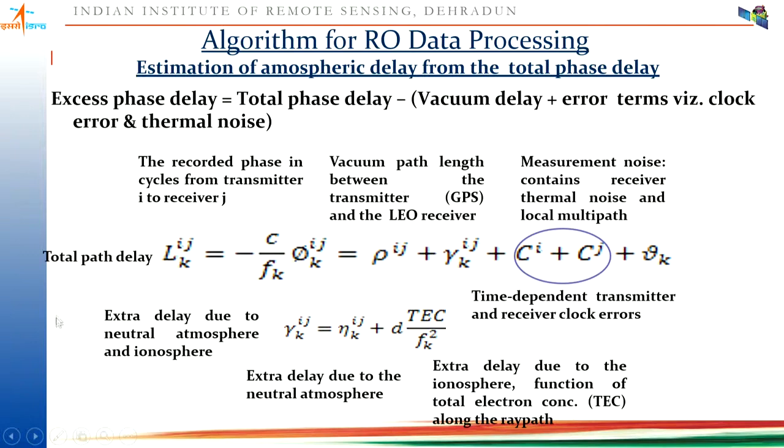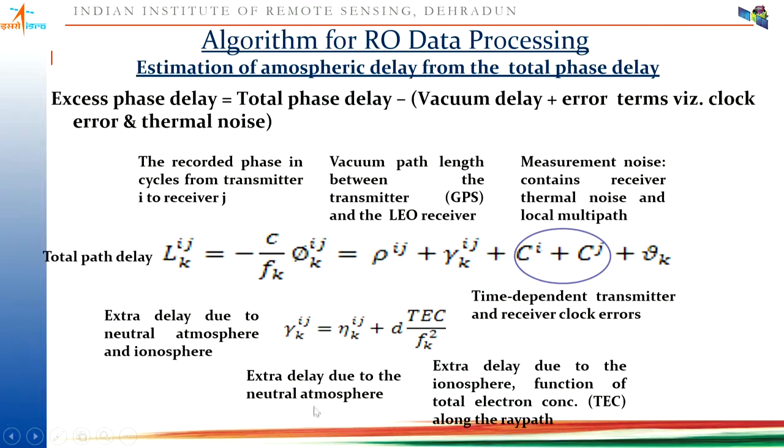What do we do with what we receive? That's the total path delay, as we discussed. It is a combination of the vacuum path length plus measurement noise. Measurement noise is a combination of the receiver noise and the thermal noise, and then there is the excess delay, the extra delay due to the neutral atmosphere.